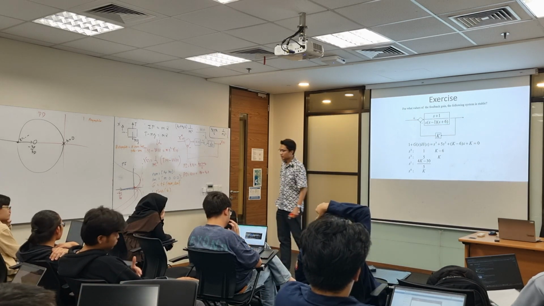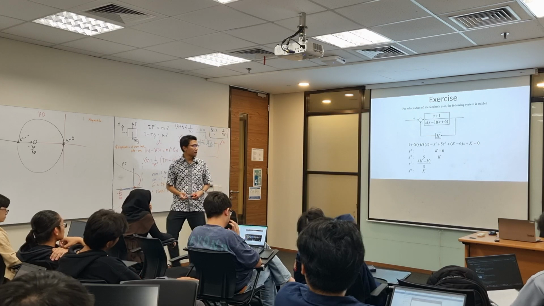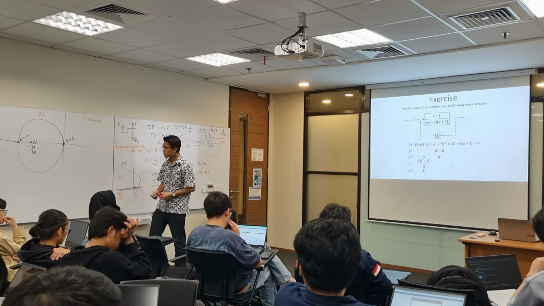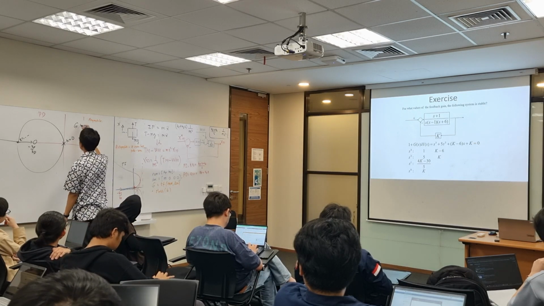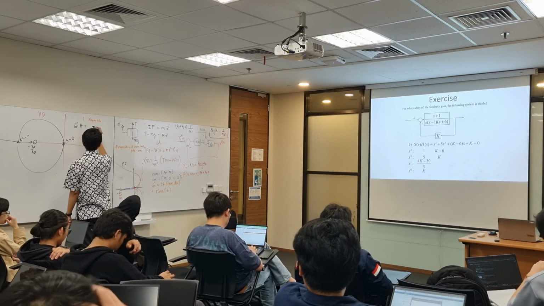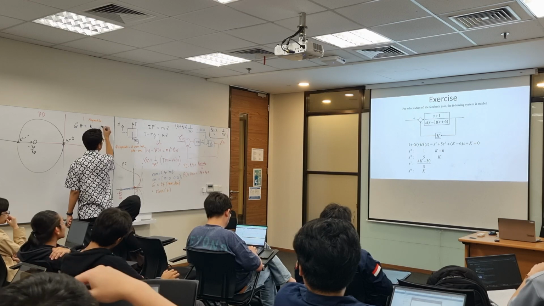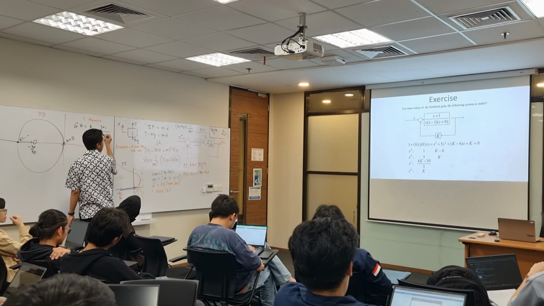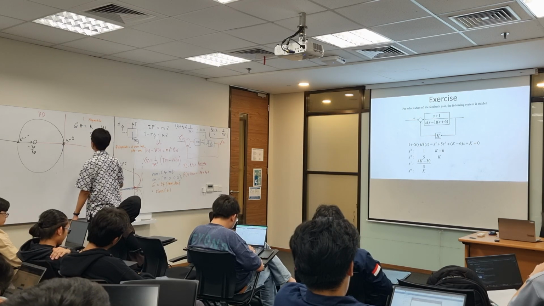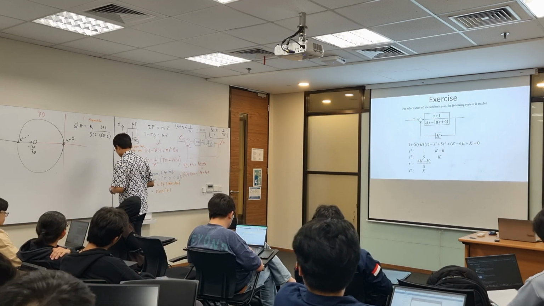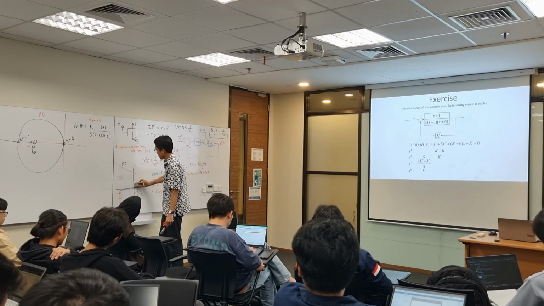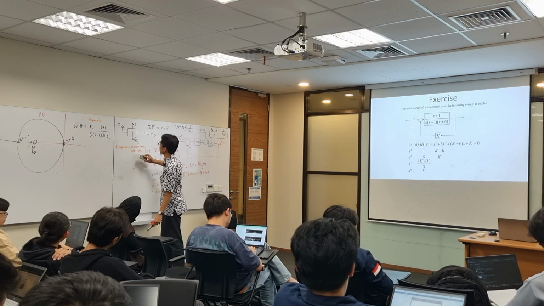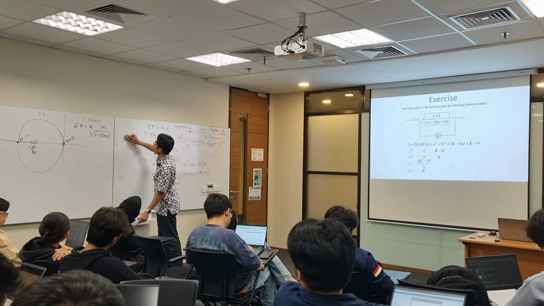If we sketch the root locus on that system, then we will have the open loop. The open loop will be k times s plus 1, s minus 1, s plus 6. Let me erase this.